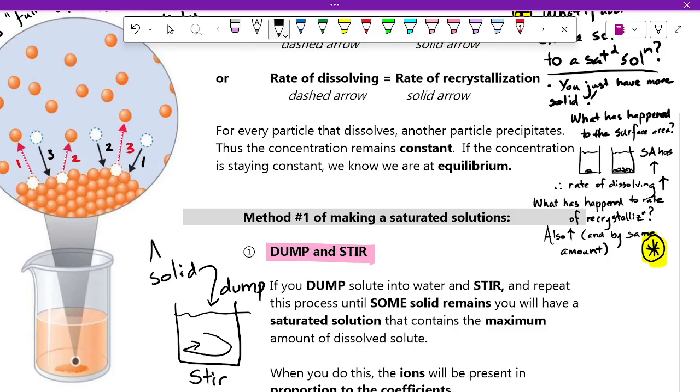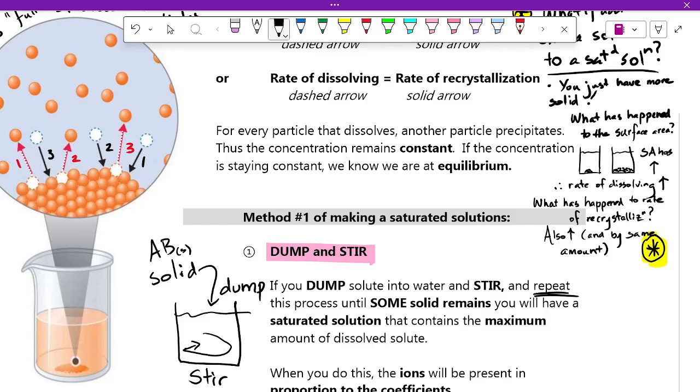So this is salt AB. Now, if you stir it and there's no solid, you're like, oh, it all dissolved. What would you have to do next? You have to dump in more and then stir it. And then what next if it all dissolved? More. You stir it and, oh my gosh.